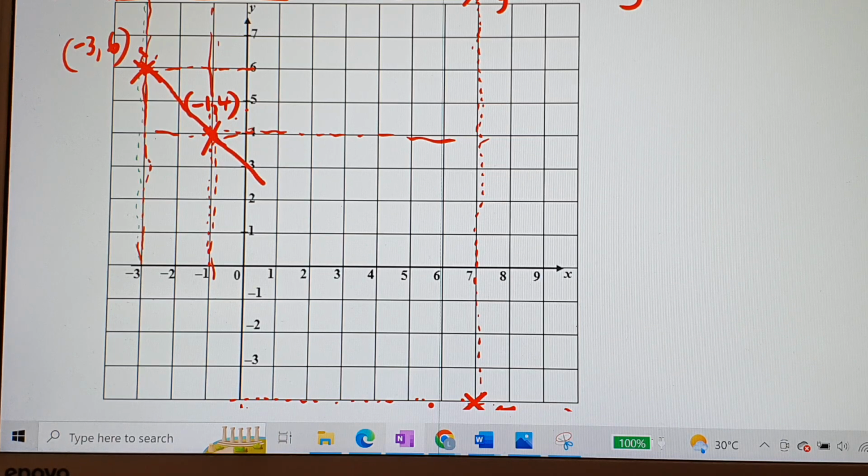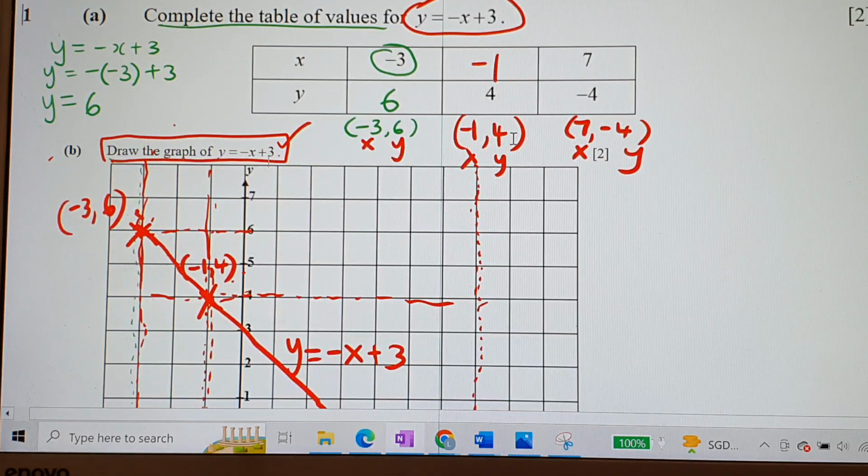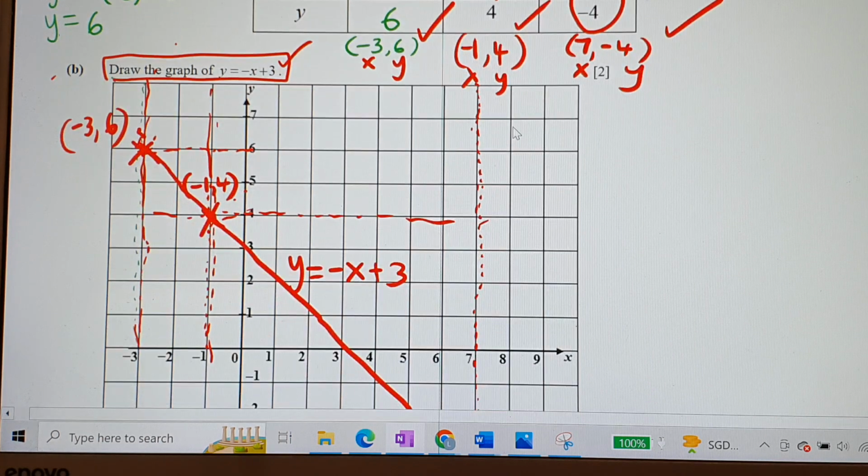Okay, so you use a ruler and draw a straight line through. That would be your answer. So this line is what we call y equals minus x plus 3. In the exam, if you don't know how to do it, you just draw the points which they have already given you. I think you should be able to do this one, and this one also. So that is for number 1A and B.